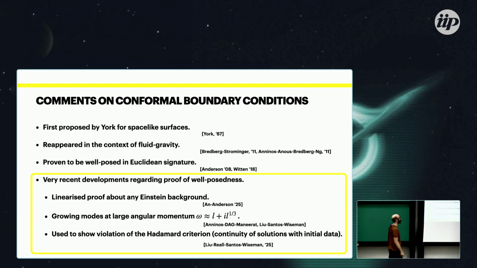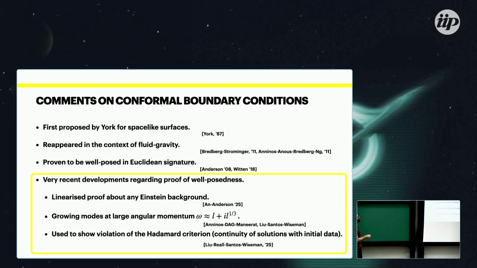There were obstructions to solving that problem to second order, and they needed to change the boundary conditions into something that looked like these conformal boundary conditions, of course without knowing about all these theorems that were not there. This problem is proven to be well posed in Euclidean signature. It's elliptic, and we have known that for quite some years now, and Witten wrote some nice lecture notes that translated that 2008 paper into our language.